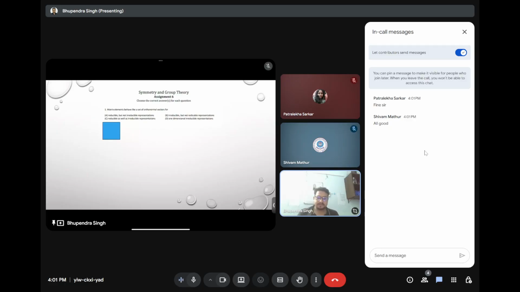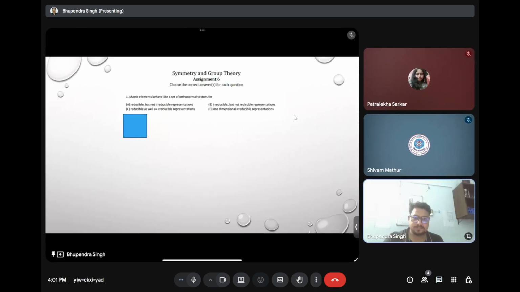So our first question is, matrix elements behave like a set of orthonormal vectors for. So the great orthogonality theorem applies to the irreducible representation.